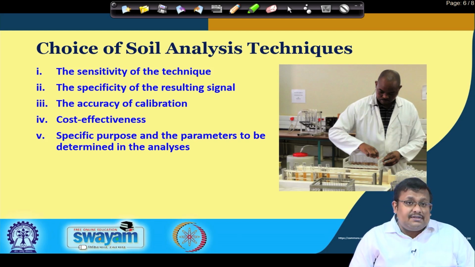Now, cost effectiveness is another important issue. There may be numerous solutions for a particular problem. However, we have to select the one which gives the best possible solution with a reasonable cost. So, depending on your budget, you can select the most cost effective method for determining the different pollutants.